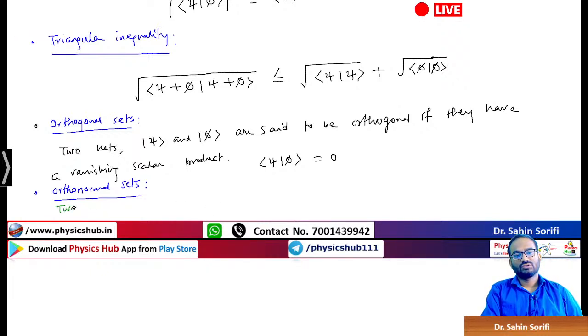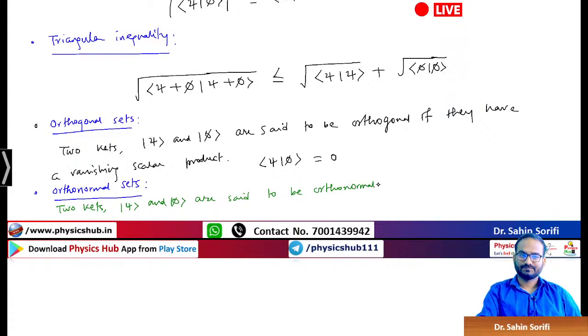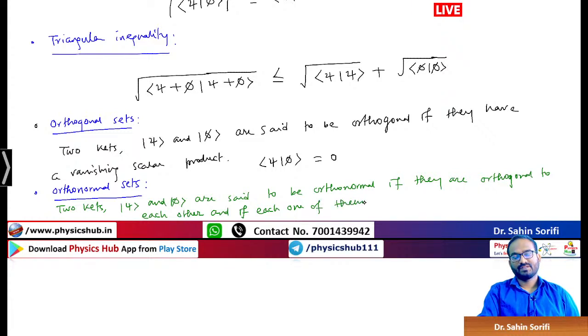So here also two kets, let's say psi and phi, are said to be orthonormal if, first condition, they are orthogonal to each other, and they are normalized, and each one of them has a unit norm.